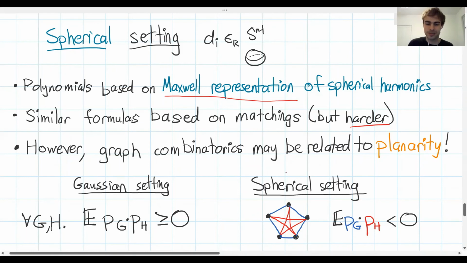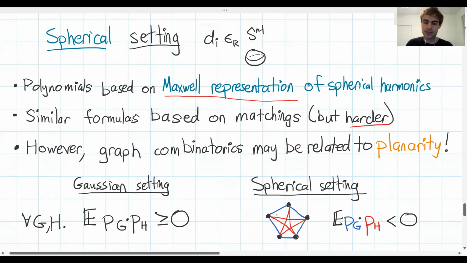Just to illustrate something strange, in the Gaussian setting, it's true that for every pair of graphs G and H, the expectation of PG times PH is always non-negative. Often it's 0, but if it's not 0, it's always positive. In the spherical setting, that's not the case.